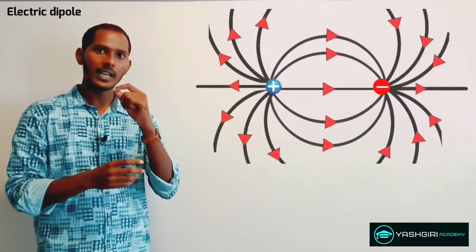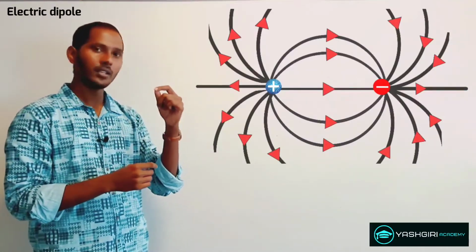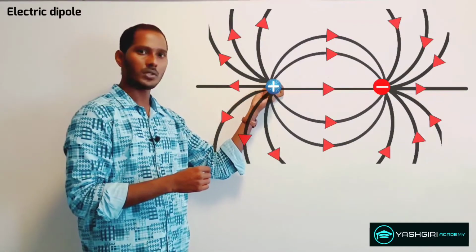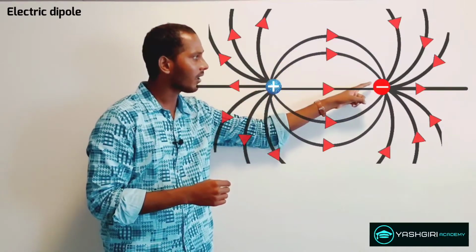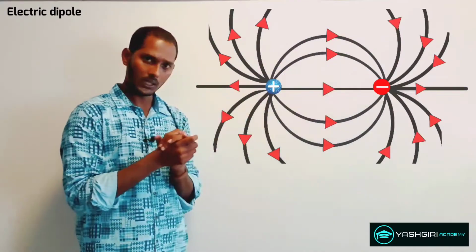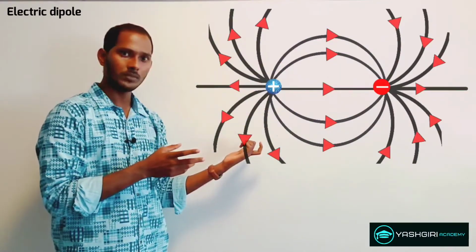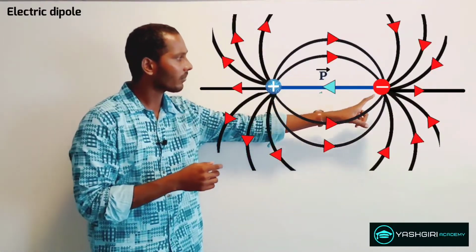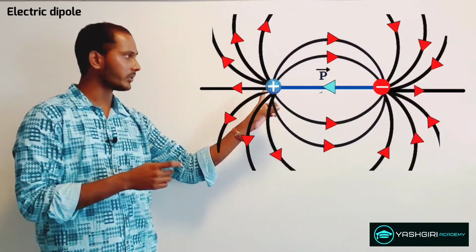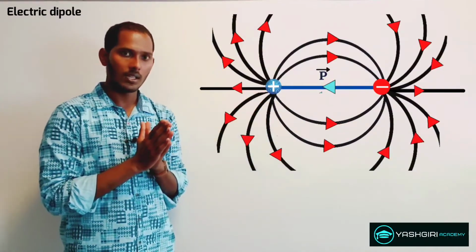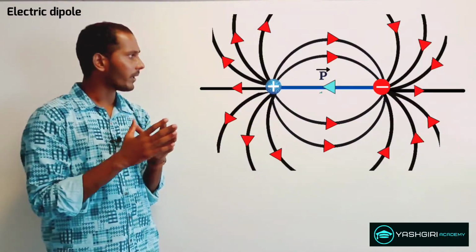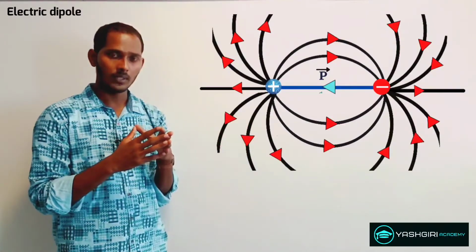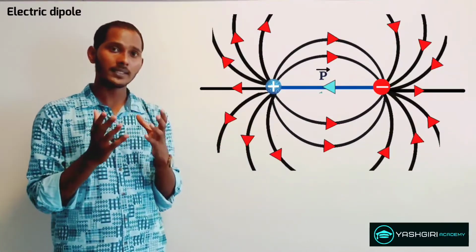While drawing the field lines, you show the field lines coming from the positive charge and ending on the negative charge. But for the dipole moment, the direction is exactly opposite, that is from the negative charge towards the positive charge.